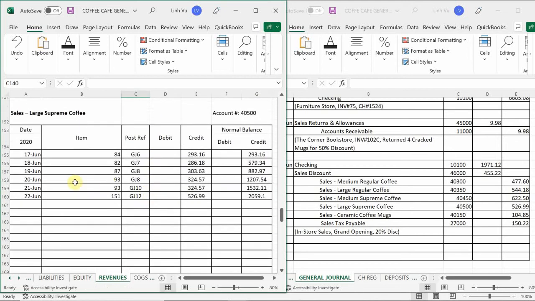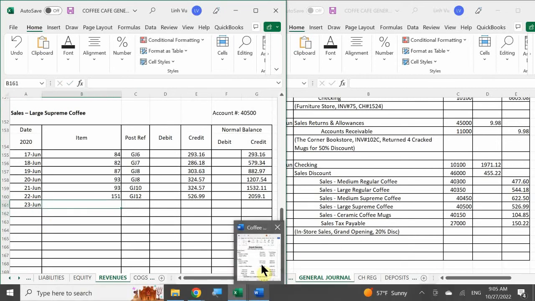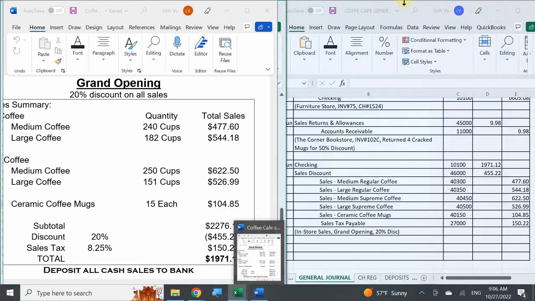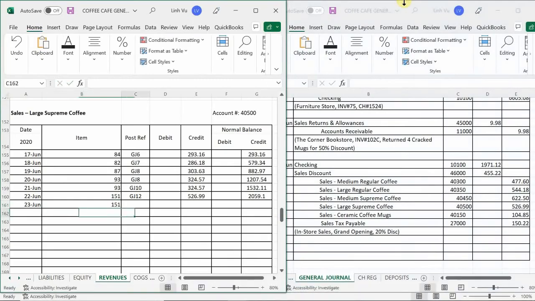And the large one. 151 cups, for 526.29.